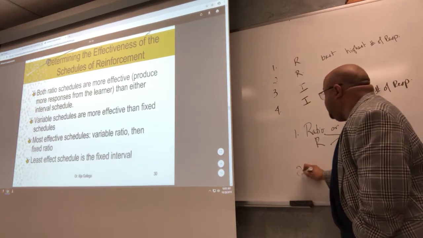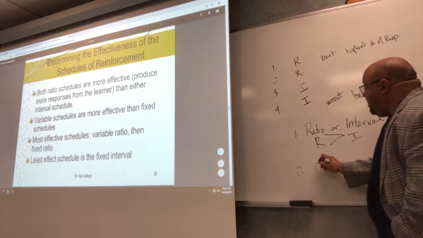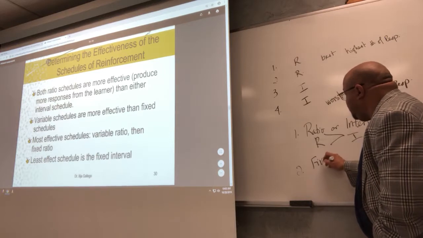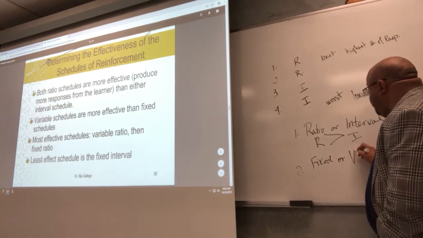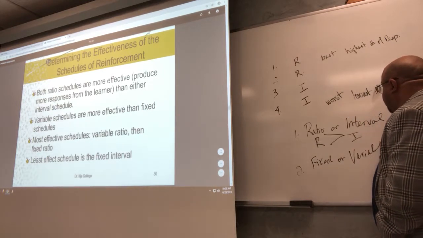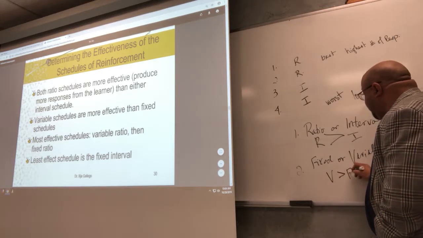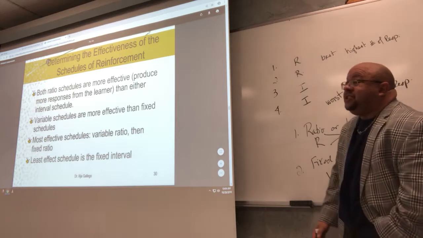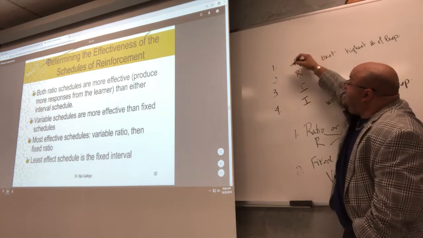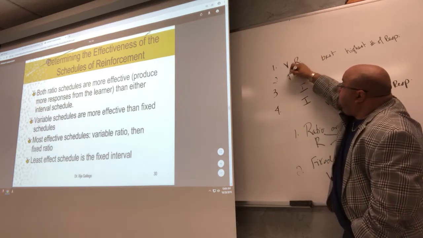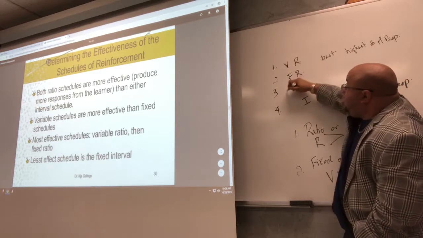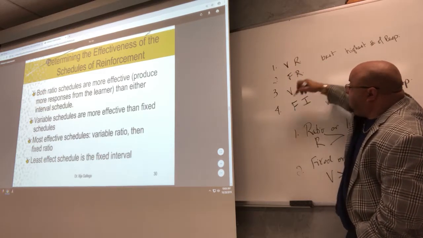The second question you ask yourself is, is it fixed or variable? Because within each type, variable is better than fixed. What does that mean? Within each type. When we're looking at ratio, variable is better than fixed. When we're looking at interval, variable is better than fixed.